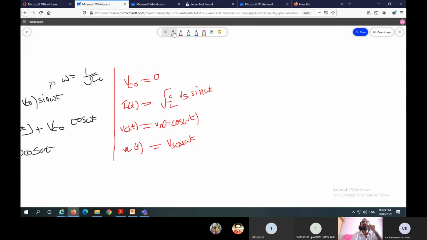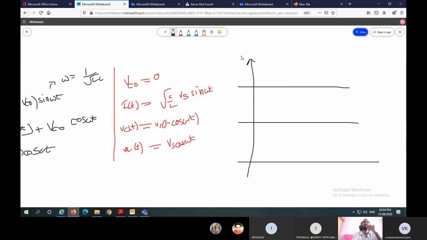Next, for these equations, we draw the waveforms for voltage and current. This one is I of t, this one is Vc of t, and this one is VL of t.